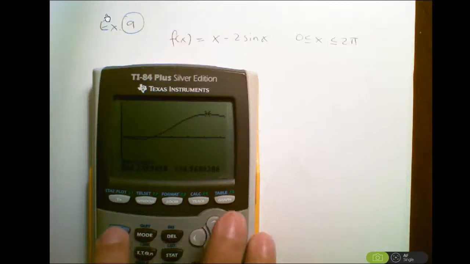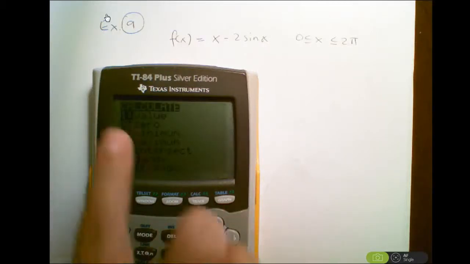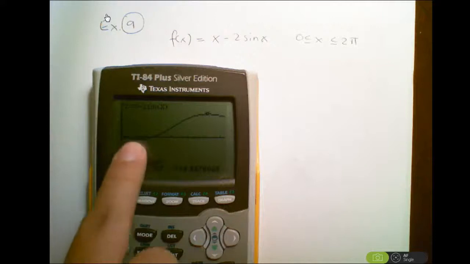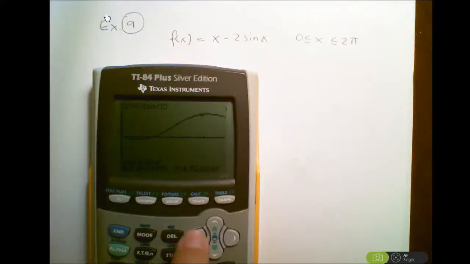Now if I want to find the minimum, then I'm going to go to calc and I'm going to pick 3, and now the calculator wants to be on the left side of the minimum. Notice how the minimum occurs over here, so I want to be on the left side of it. So I'm going to go over here. It takes forever. Alright, now I'm on the left. I press enter, and now the calculator wants to be on the right of this point.